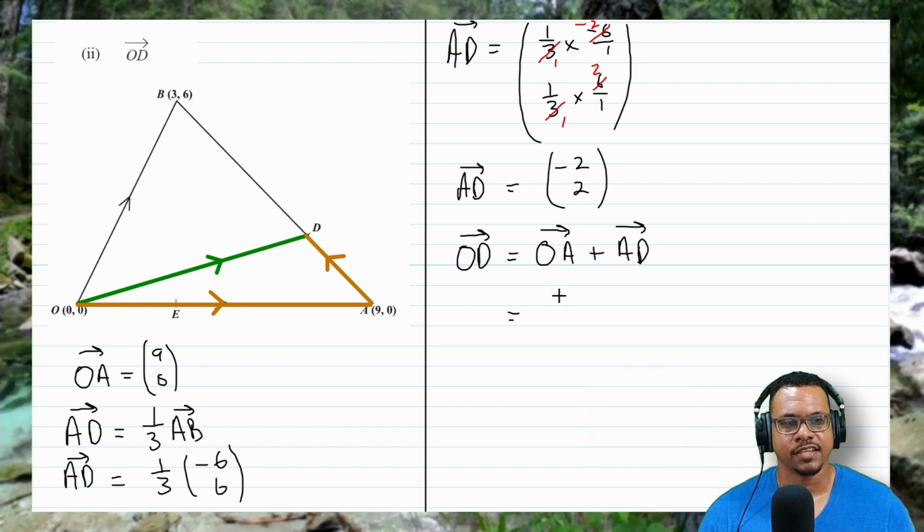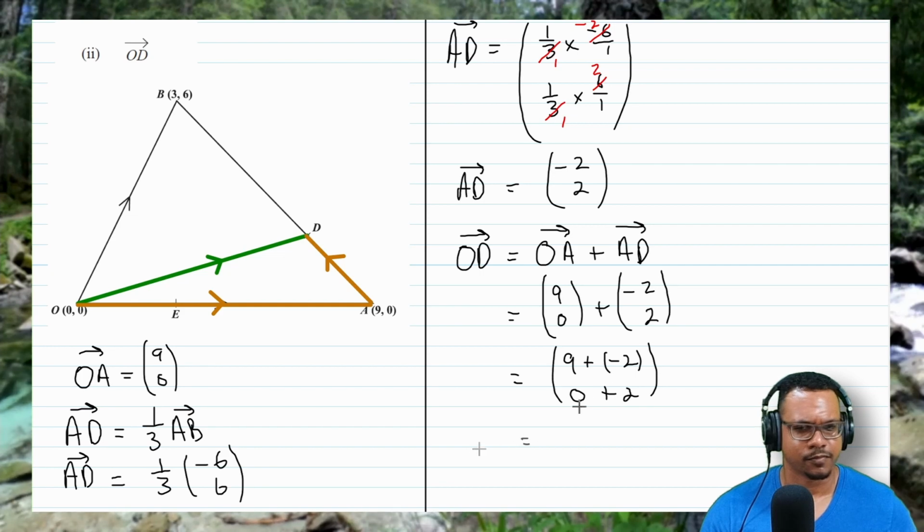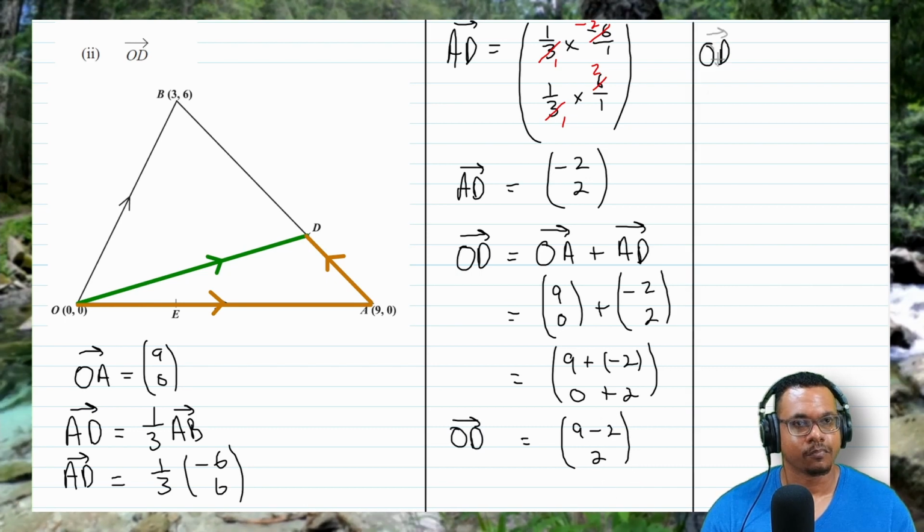So O to A is (9, 0), plus A to D, which is (-2, 2). So that's 9 plus -2 and 0 plus 2. So that's 9 take away 2, and this is just 2. And 9 take away 2 is 7. So we have OD is equal to (7, 2).